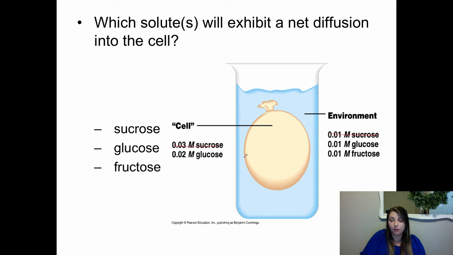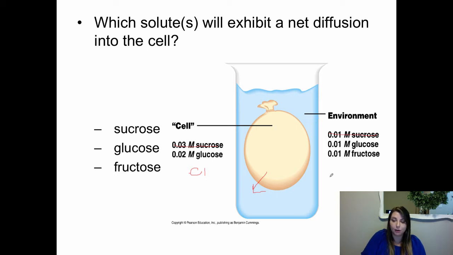So let's first look at the glucose. We see that we have 0.01 moles more of glucose inside the cell than we do in the environment. So that glucose is going to leave the cell and go into our outside environment.